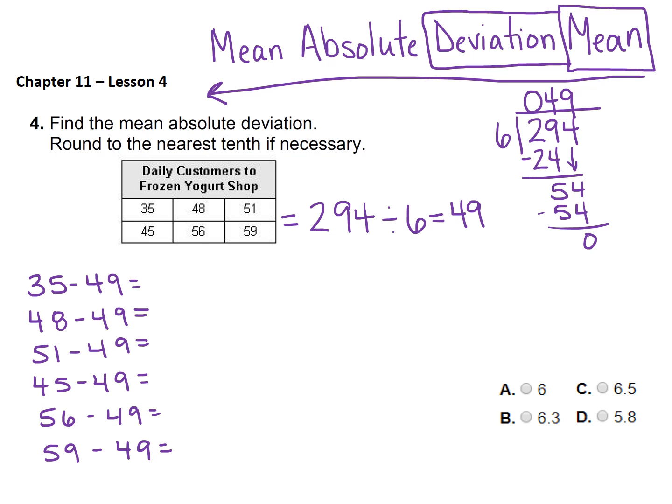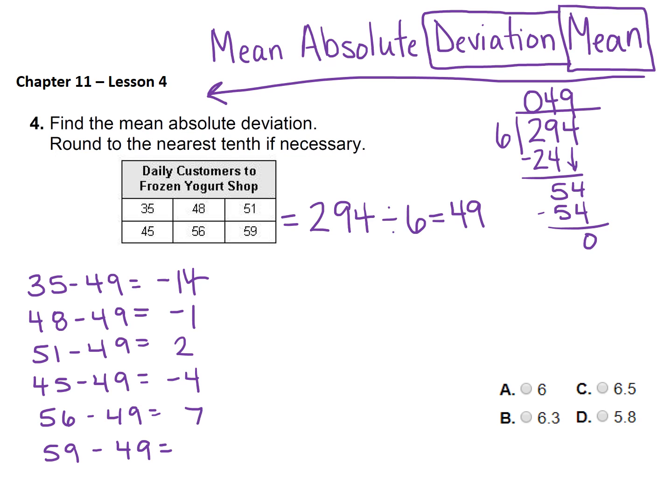35 take away 49 is negative 14. 48 take away 49 is negative 1. 51 take away 49 is 2. 45 take away 49 is negative 4. 56 take away 49 is 7.